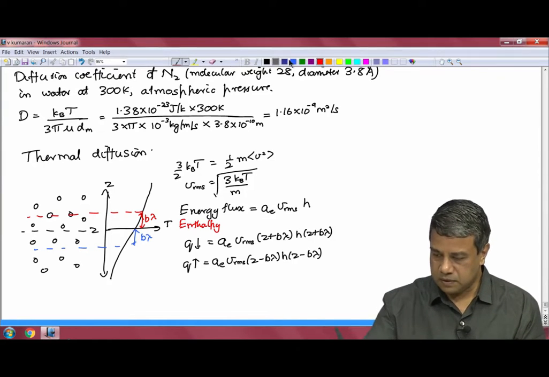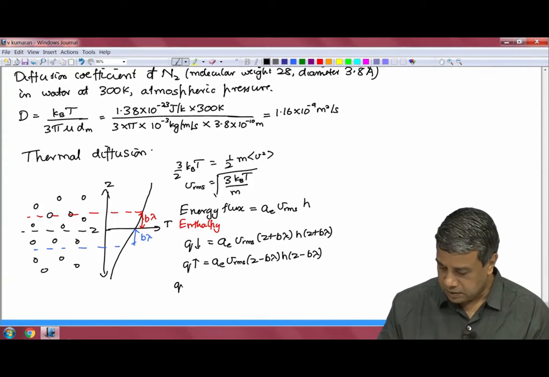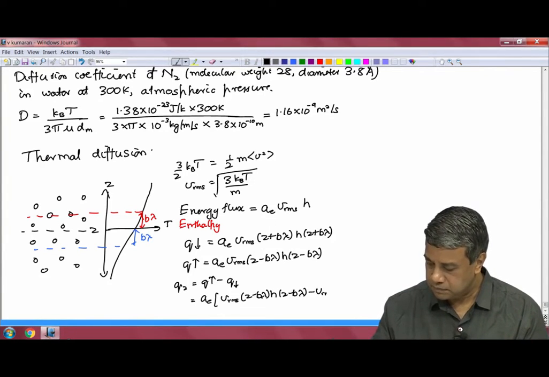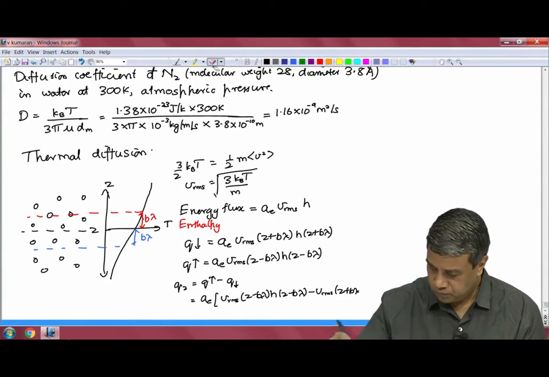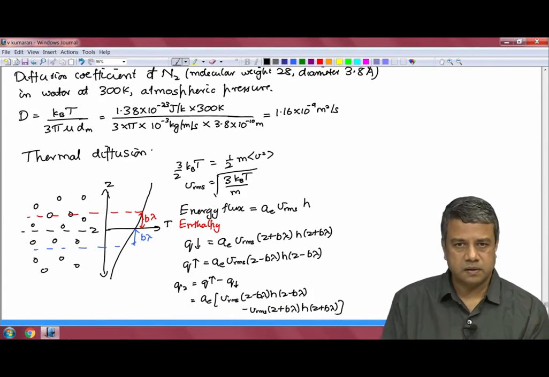So, therefore, the total flux Qz is the molecules going upwards minus the molecules going downwards. So, that is going to be the net flux.